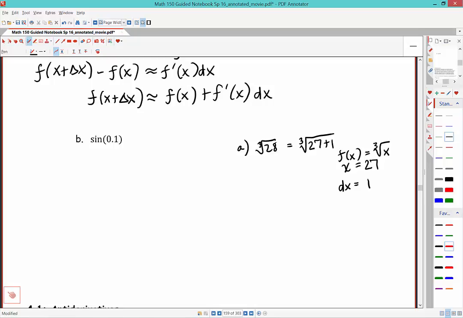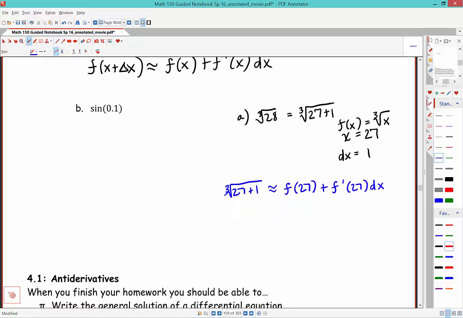Right? So here we go. We would get that the cube root of 27 plus 1 is approximately f of 27 plus f prime at 27 times dx.